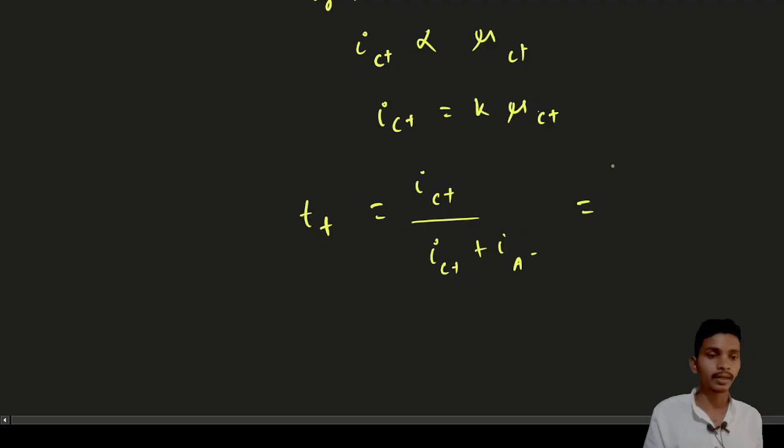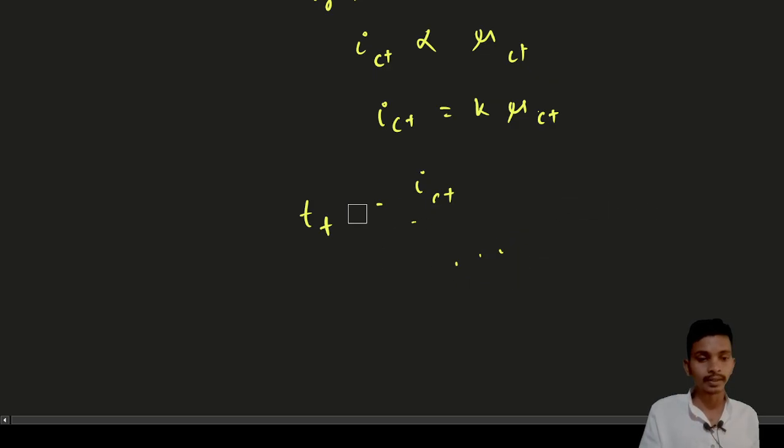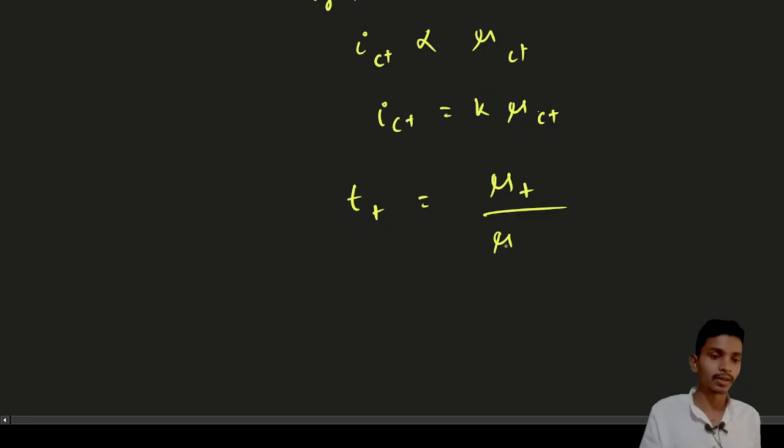So we can write transport number of cations is equal to mobility of cations upon mobility of cations plus mobility of anions.